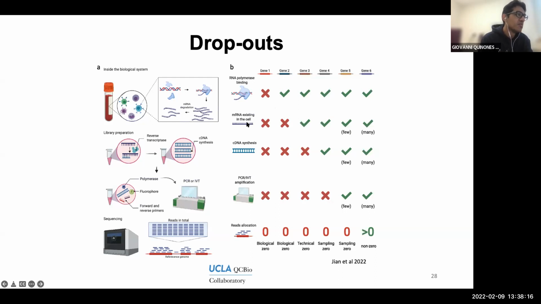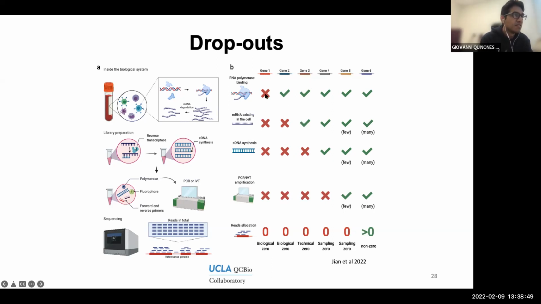It could be either by some endonucleases, some enzymatic action, or there could be plenty of reasons why this could happen. But it's also a biological signal, because the gene was expressed, but it was also degraded within the cell. So we're also going to get a zero measurement for this gene, and it's also a biological zero.